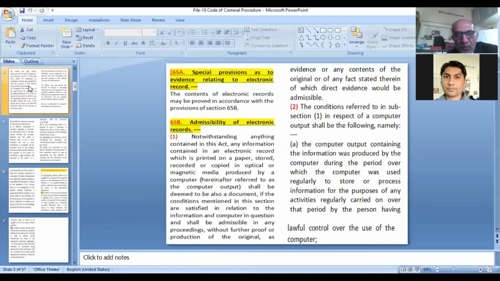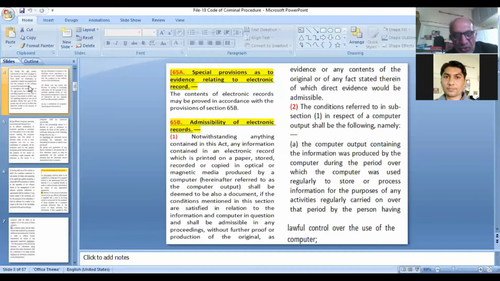See, the information of the electronic record is being pointed to, which is in a printed form. So it is not in the computers, it is not on screens. It is as is printed on a paper, number one.